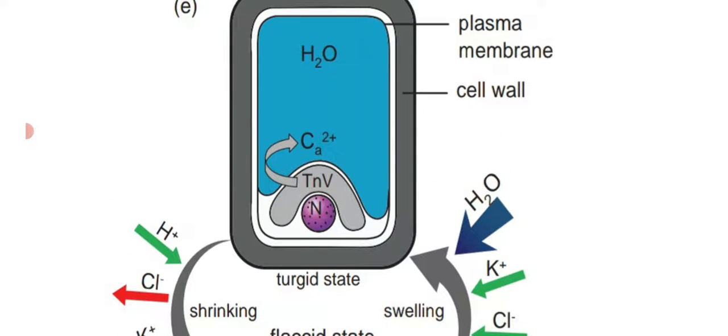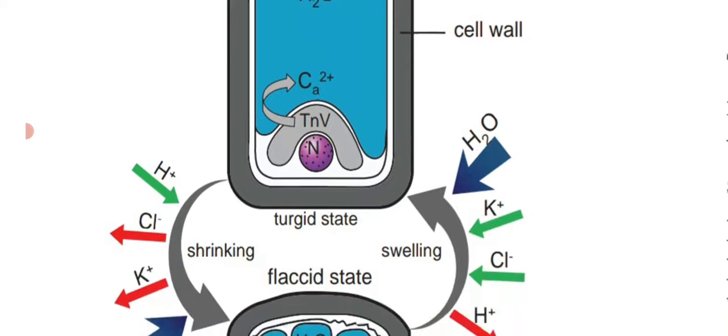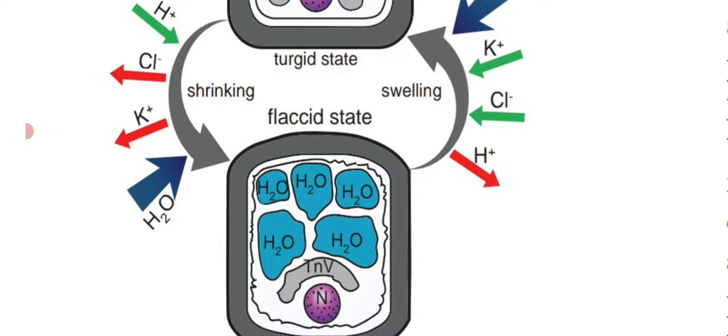But in the first diagram, the entire plasma membrane with the cell wall surrounding it and the cell content are filled with a large quantity of water, so it is said to be the turgid state, like water poured in a polythene bag. Then, by using a pin, we prick the polythene bag with water.